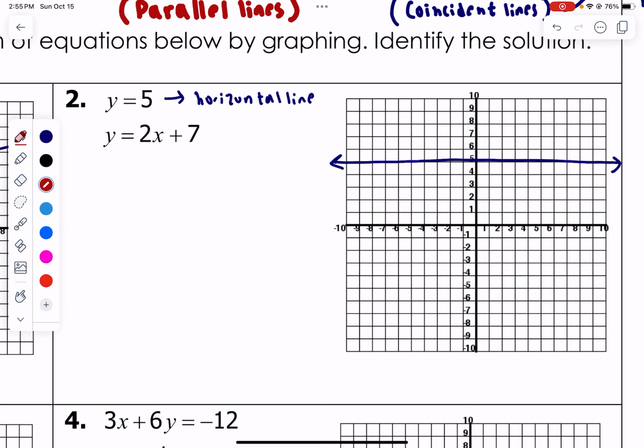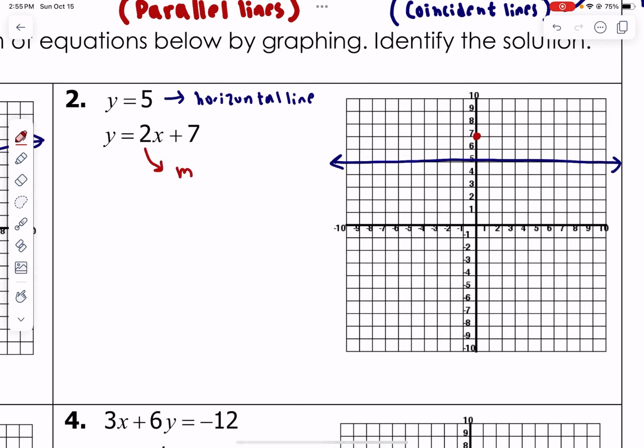And let's go ahead and graph the other line. We have a y-intercept of 7. If you focus on the slope here, the slope is 2, which is the same thing as 2 over 1. So if we're thinking about rise over run, our rise would be 2 and our run would be 1.